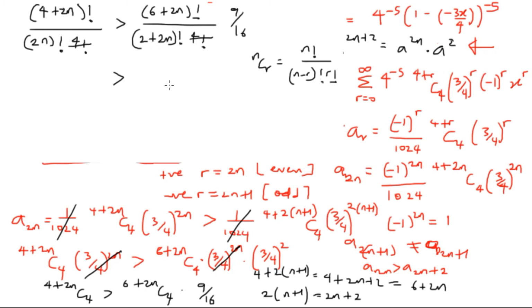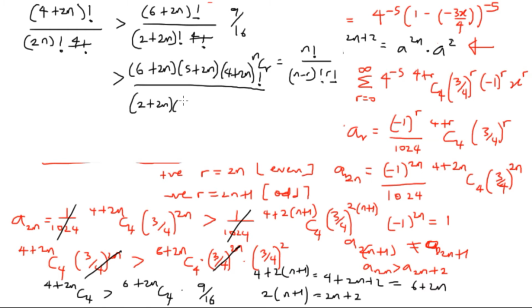(6 plus 2n) factorial will become (6 plus 2n), then (5 plus 2n), and of course (4 plus 2n) factorial, upon (2 plus 2n) factorial, then I'll have (2 plus 2n), then (1 plus 2n), and of course 2n factorial.